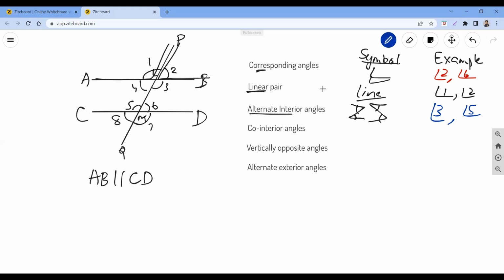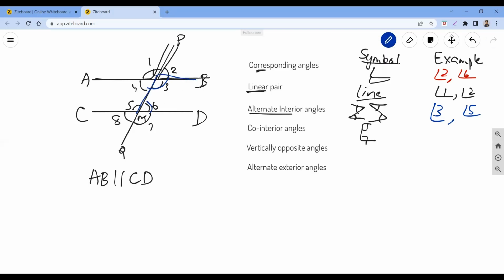Now, next is co-interior. Co means, if you see here, you have this C here, no? Something like a C. Inside the C, whatever angles you're getting, that's the thing we are going to see. So co-interior means it's inside like this. Find angle 3 and angle 6.